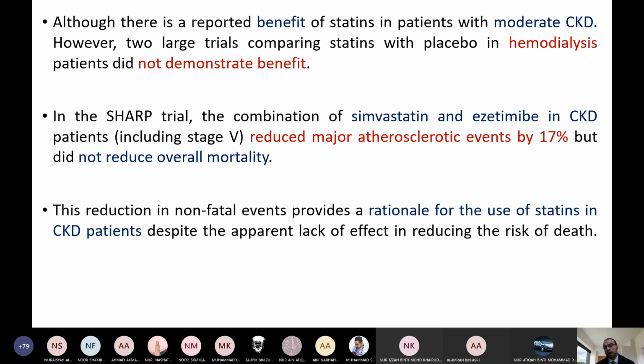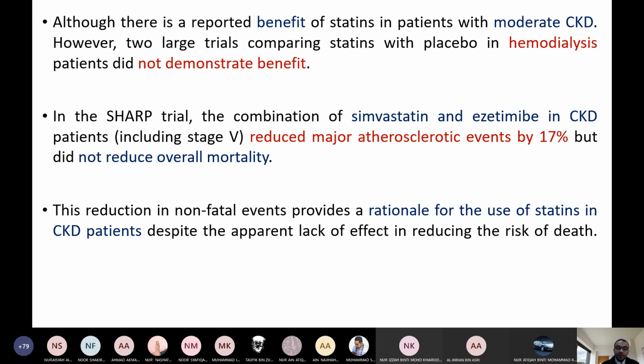Also, we have a combination, statin and ezetimibe. This one, inshallah, we can discuss later. But this combination in general shows benefit in reducing the risk of cardiovascular events, although it didn't affect the mortality. So the events can be decreased but the overall mortality is not that affected.